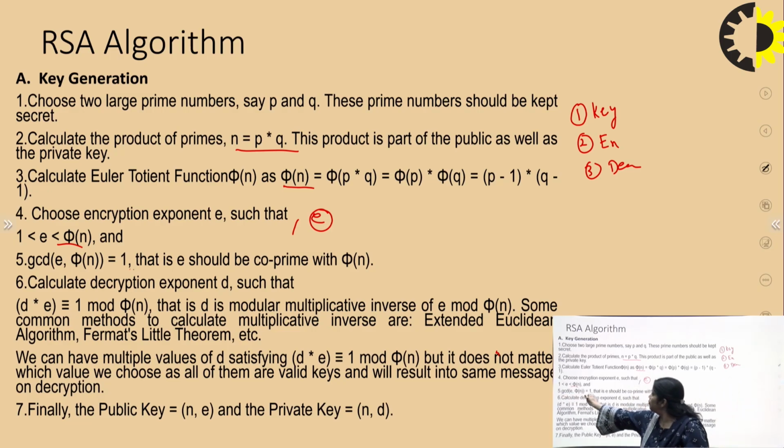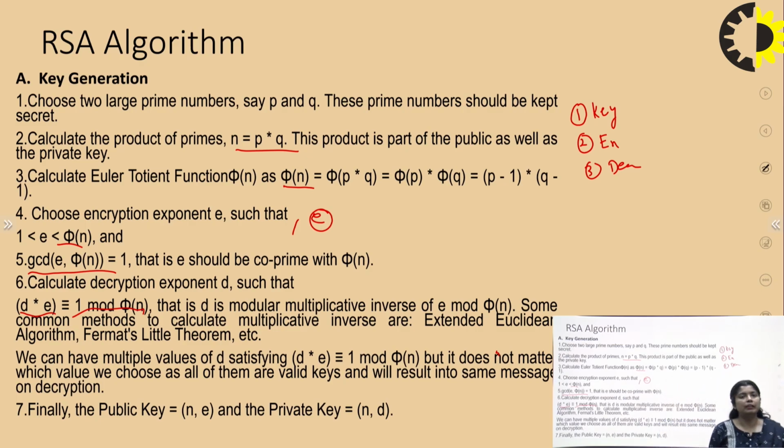If you calculate this equality, you can get E, and GCD you can calculate. Next, the decryption key: you have to calculate D into E equals 1 mod phi n. So in key generation, first find the prime numbers P and Q, then calculate N, that is P into Q.